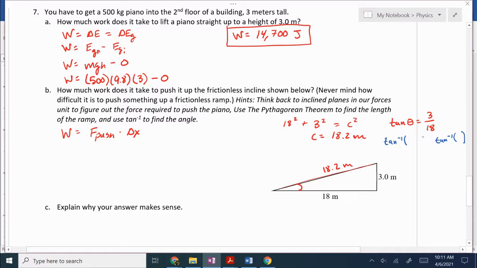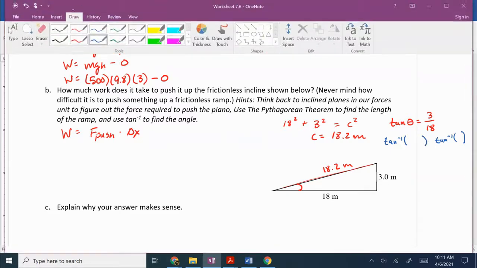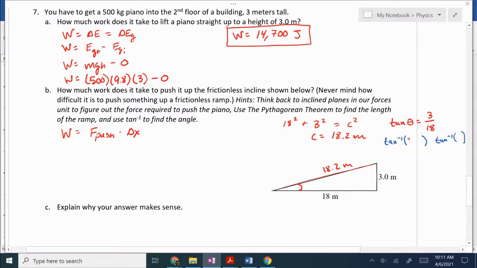You'll see what's going on here. Sorry that it's taking me a little while. I did things out of order. So here I have tangent theta equal to 3 over 18. That's just going to leave me with theta is equal to inverse tangent of 3 over 18.